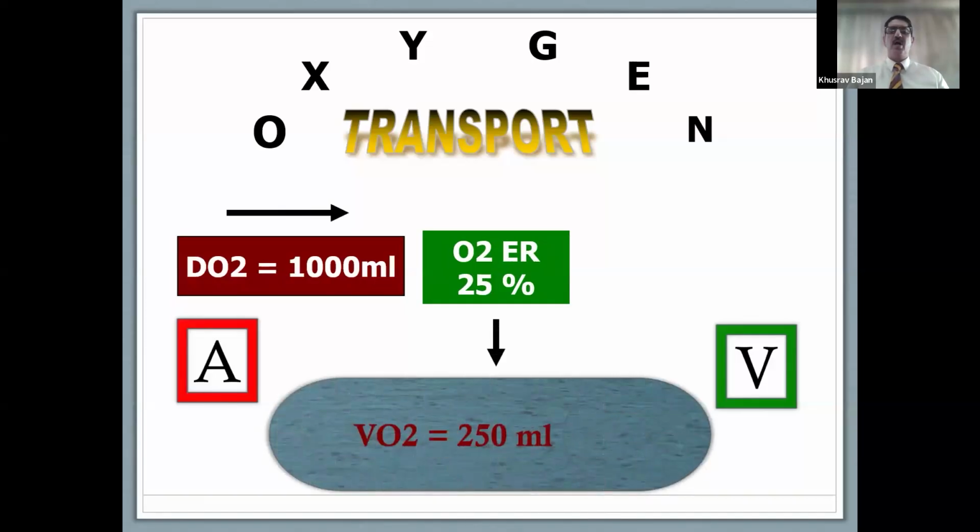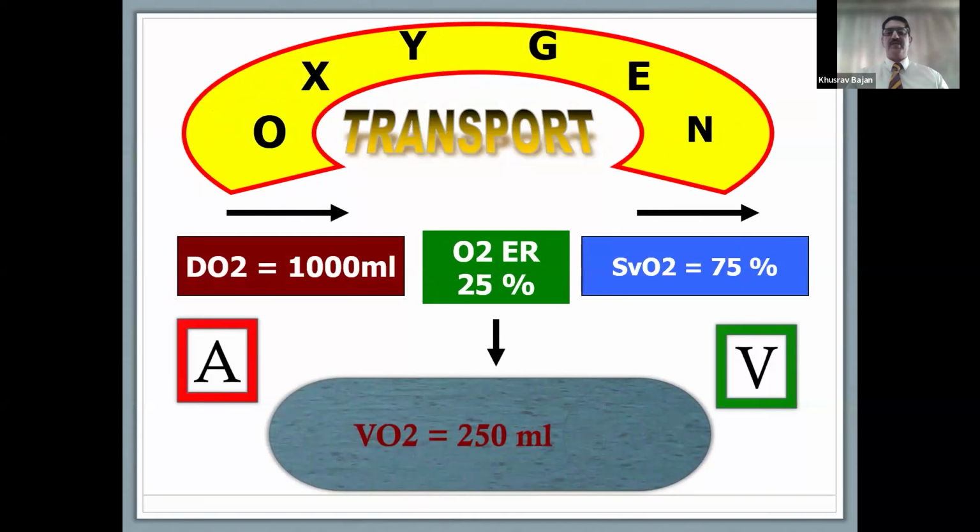This leads to a VO2, the oxygen uptake, of only 250 ml. And then what goes into the venous side is 75%, which is 750 ml. Therefore, you can understand that the arterial saturation is always about 100%, and the venous saturation should be 75%.